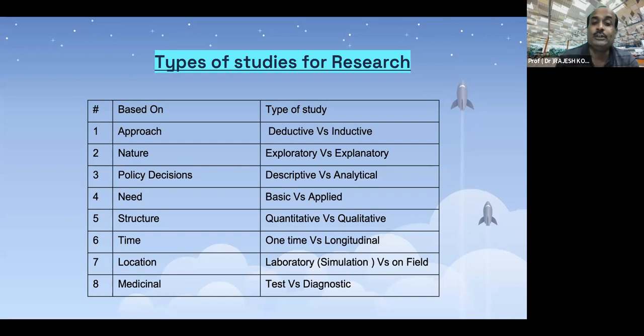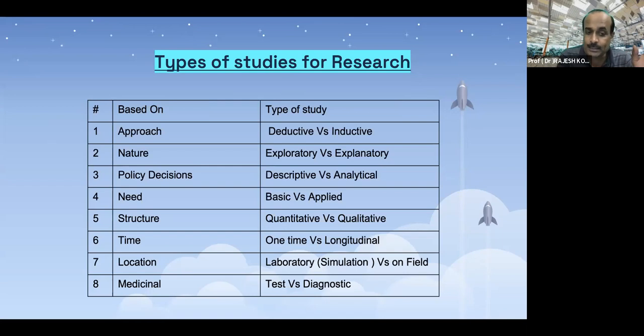It may be deductive versus inductive in nature, how you conduct it; exploratory versus explanatory, policy decisions; descriptive versus analytical; need, whether it is a basic need or an applied one, where I want to solve the immediate one. Structure: quantitative versus qualitative.